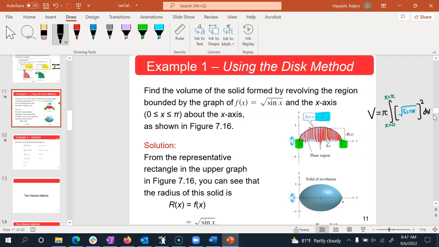That's it. That's the whole integral that's going to give us the volume. a and b are 0 and pi. The radius is given by the function that describes that curve.